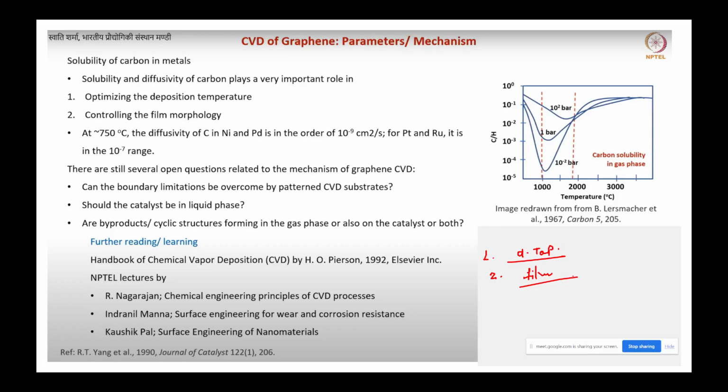To control and optimize this, the solubility and diffusivity of carbon play an important role. At around 750 degree centigrade, the diffusivity of carbon in nickel and palladium is in the order of 10 to the power minus 9 centimeter square per second.